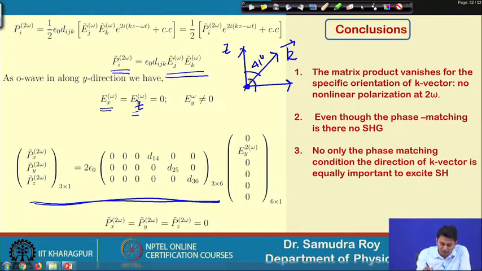This ordinary wave is perpendicular to z as well as k. That means it is along this perpendicular direction, which, since k is in the x-z plane, is along the y direction. So, that is why E y is not equal to 0 here.